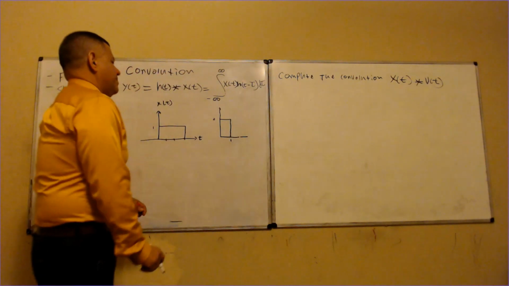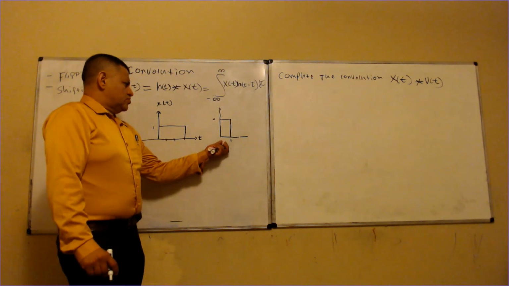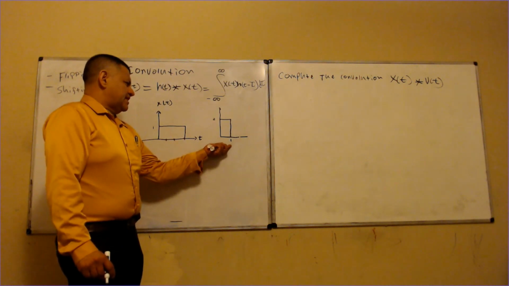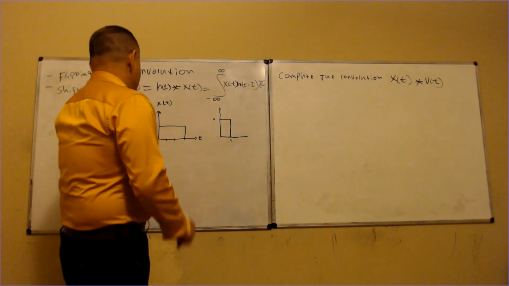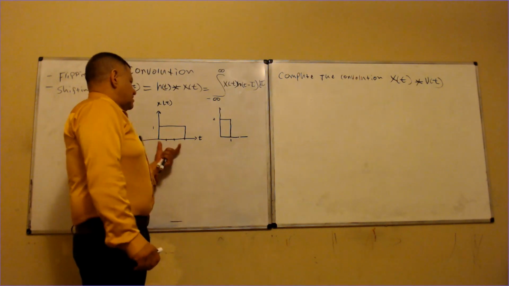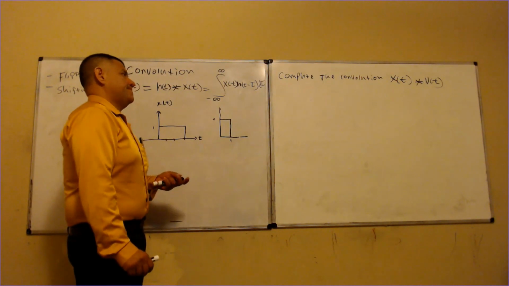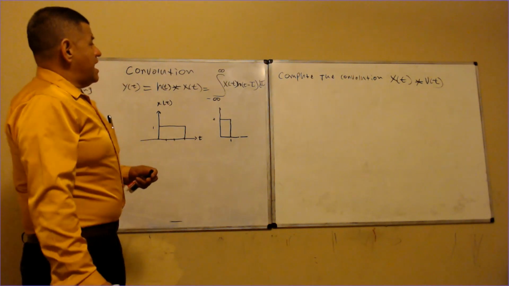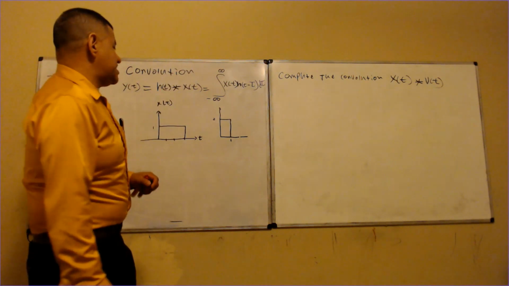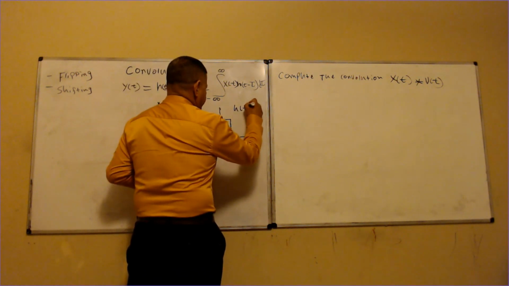So these are two signals in continuous time. The book called it b of t. I'm going to call it h of t. Like I said, it doesn't matter.